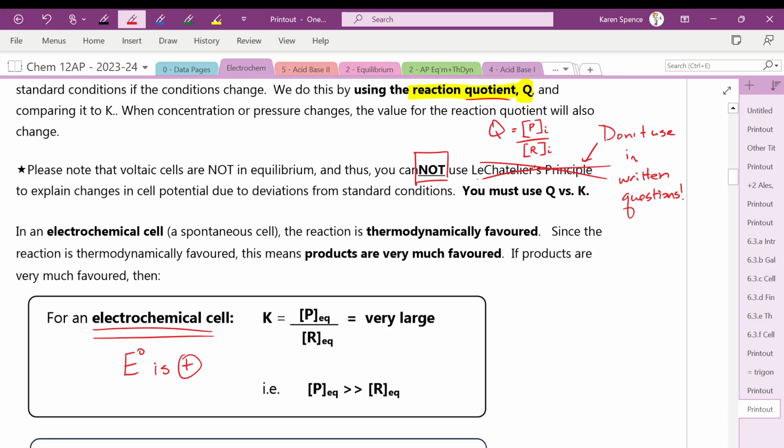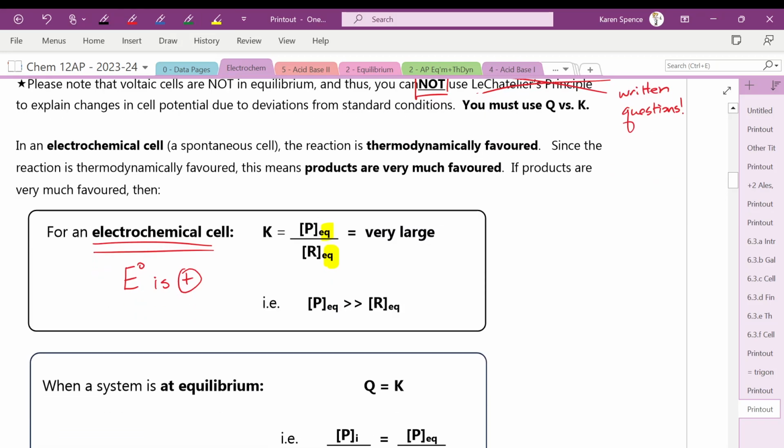And K, of course, is the concentration of the products over the concentration of the reactants at equilibrium. When we're at K, E0 equals 0, to be honest. When K is very large, E0 actually equals 0. We are at equilibrium.